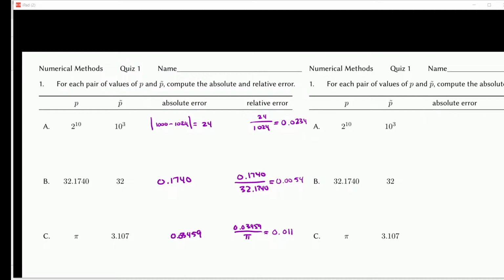Take a peek. Coming down the home stretch. Very nice. Got the last couple digits there. All right. Let me hover over you.